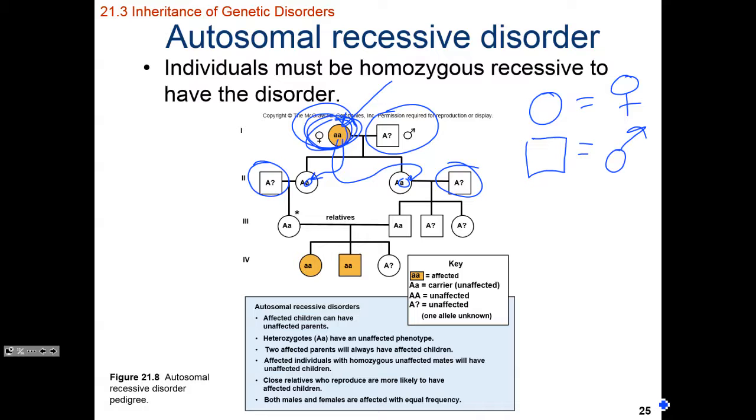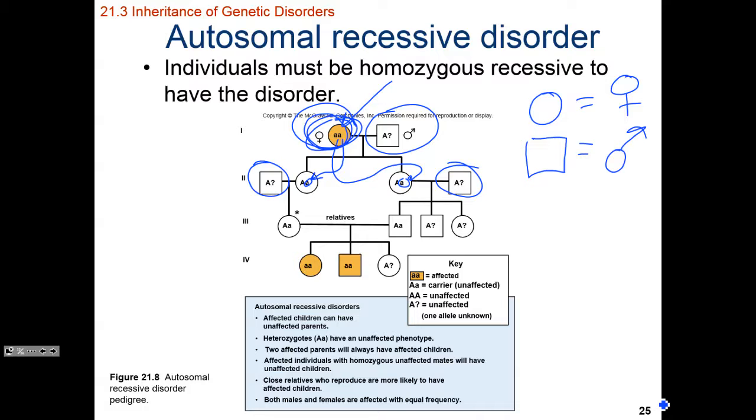Questions? Some examples of those diseases. Hemophilia is a good example of an autosomal recessive disease. Hemophilia is when you have a hard time clotting your blood. Your blood clots very slowly, and you're very likely to bleed to death.